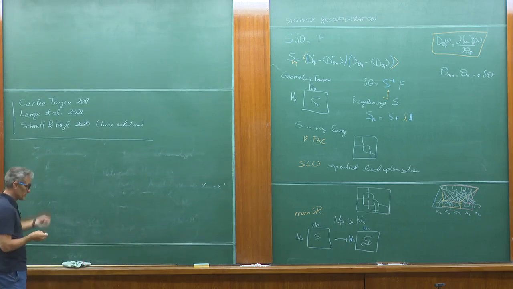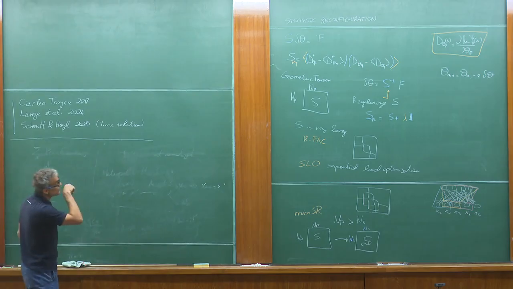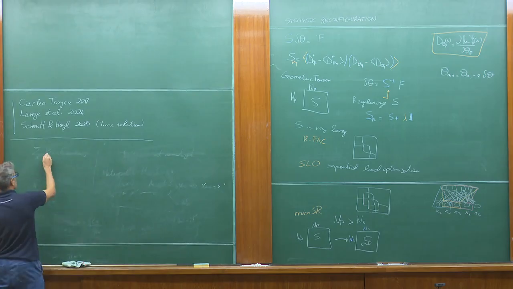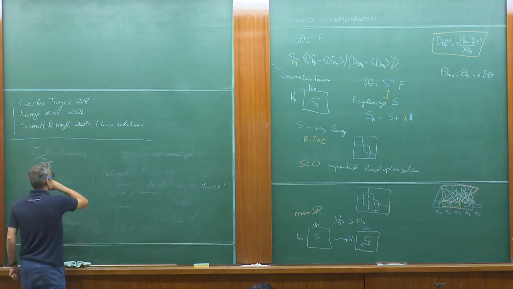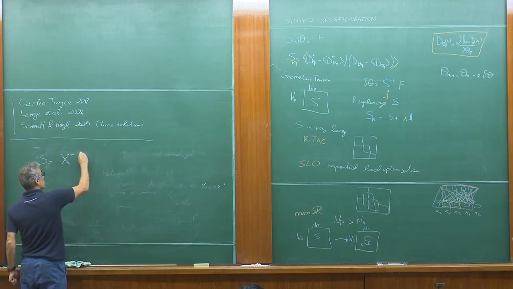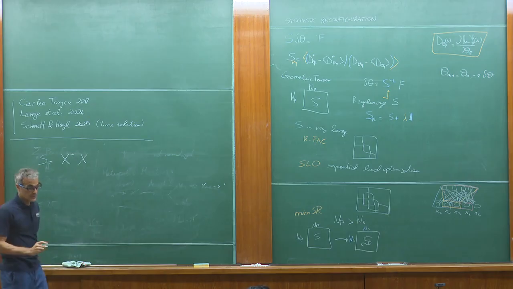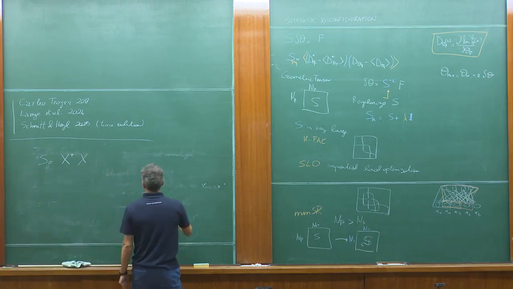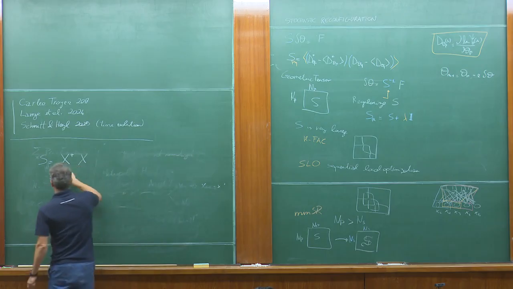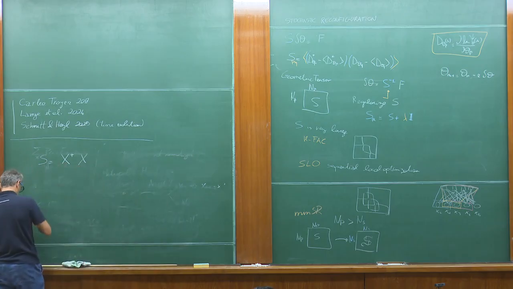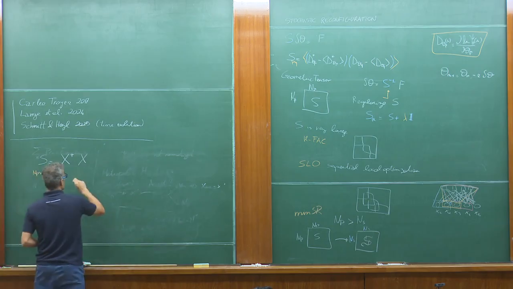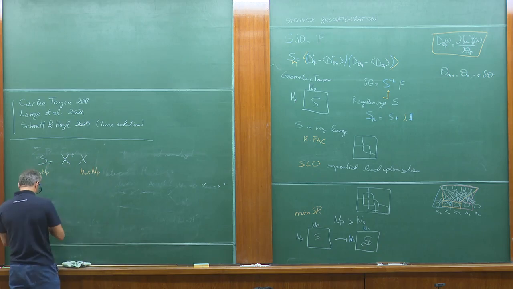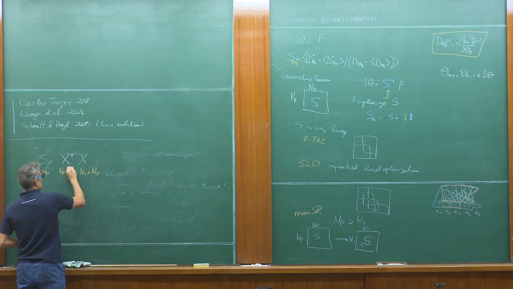Okay, if you look at the structure there of S, actually it can be written as some X dagger X, okay? So let's look at it here to be clear. This is NP times NP, and this one is going to be N samples times NP, and this one here is going to be NP times N samples.